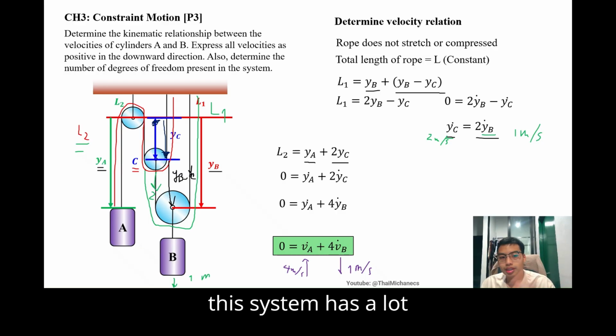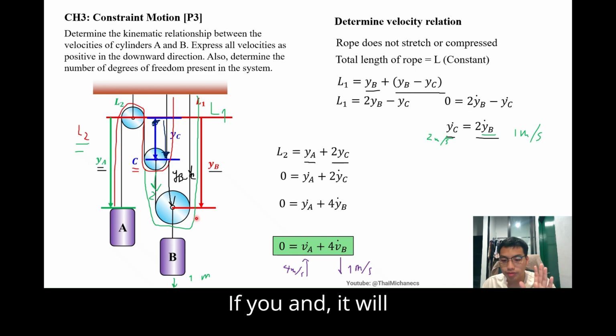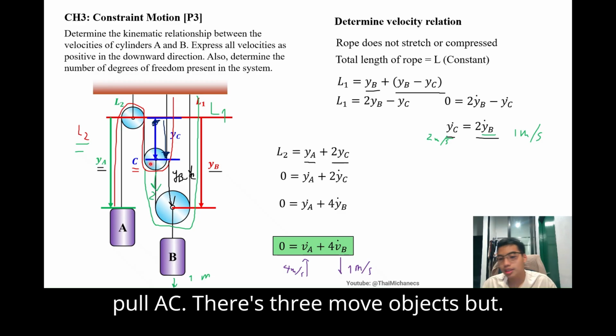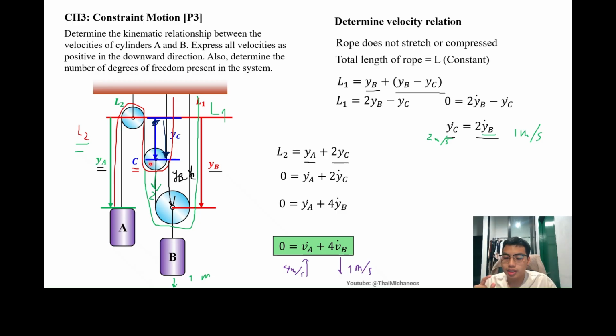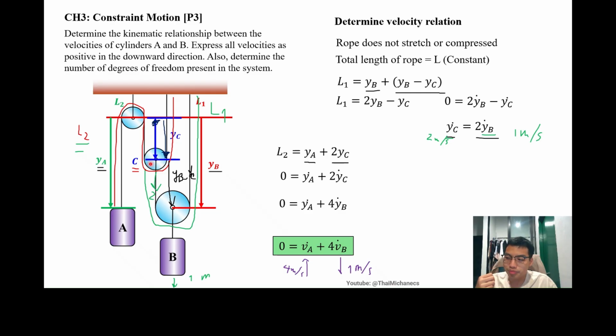For example, this system has a lot of movable objects, right? It boils down to cylinder A, cylinder B, and pulley C. There are 3 movable objects.